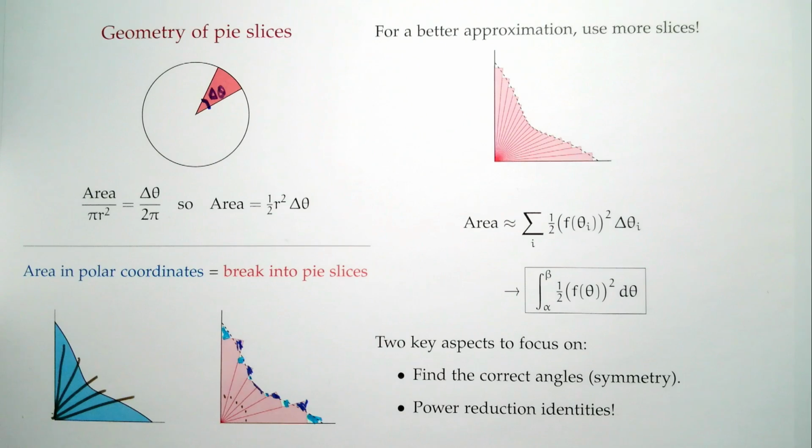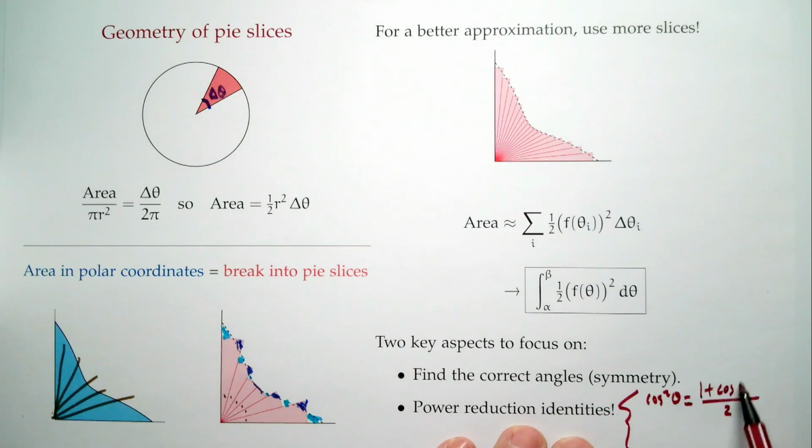And in particular, you need to know your power reduction identities. So let's just remind ourselves what they are. Okay, cosine squared theta, what does that equal? I'll give you a hint, there's an over 2. 1 plus cosine 2 theta.